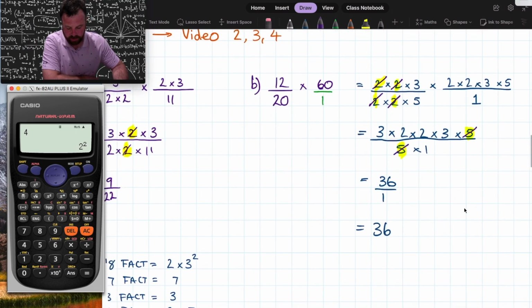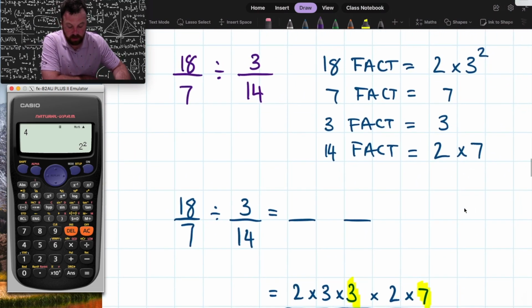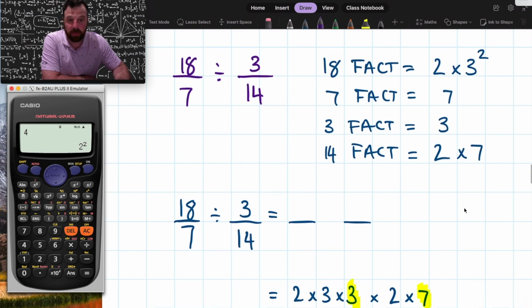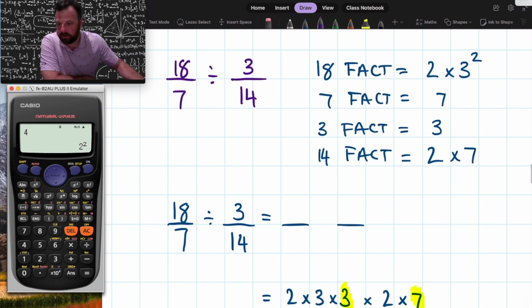So there's an example, right? And then finally, the last example for this one, we're going to look at 18 over 7 divided by 3 over 14. Now you might look at that and go, oh, ugly numbers, and I agree. So I've already done this on our calculator. I've typed 18 shift fact, and just to prove it, 18 fact is 2 times 3 squared.